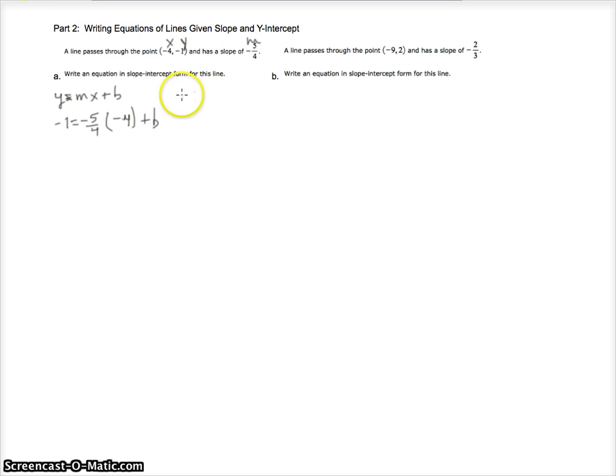So the first thing we need to do is plug in values, and solve for b.